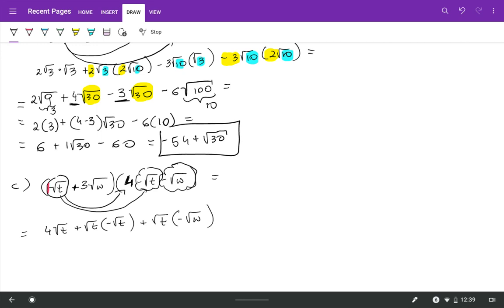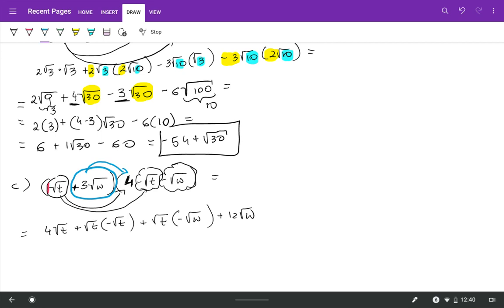And we continue. Next, we're going to take positive 3 radicals of w and we're going to multiply by each. So 3 square root of w times 4, so we're multiplying the coefficients. So 3 times 4, that will give us 12 square root of w.